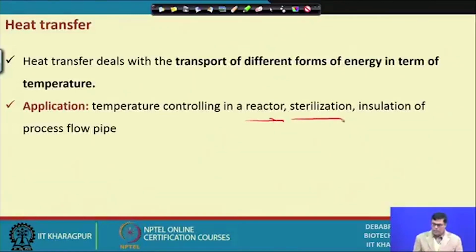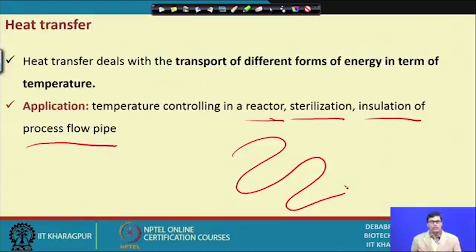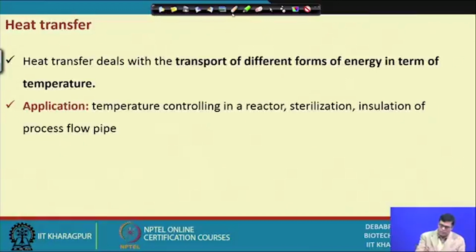Then for sterilization, because sterilization is a very important part of the fermentation industry, as we have to kill the other organisms present in the system so that our desired organism can grow. And insulation of the process flow line is also very much required. Suppose, particularly in the case of a sterilizer, the pipe after the heat exchanger should be totally insulated, so that we can maintain the temperature in the pipeline for the sterility of the liquid.